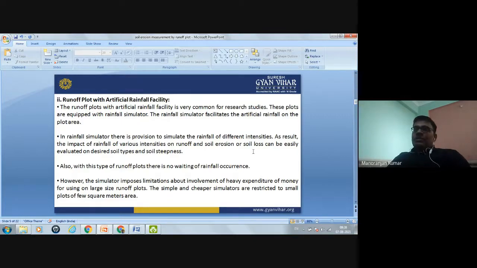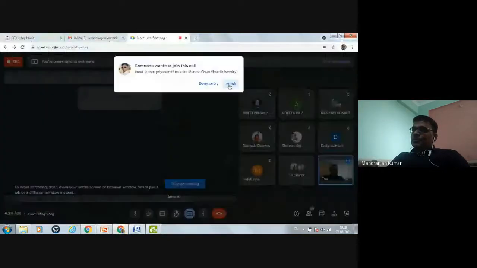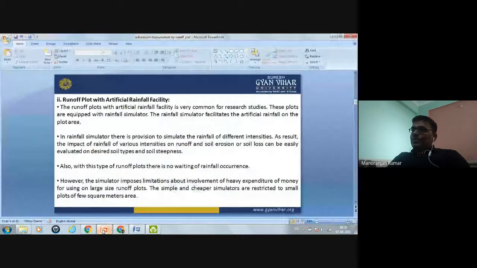However, the simulator imposes limitations of heavy expenditure of money for using on large size runoff plots. So if there is a small area, then yes, you can. If you are using the simulator, then there will be less cost.